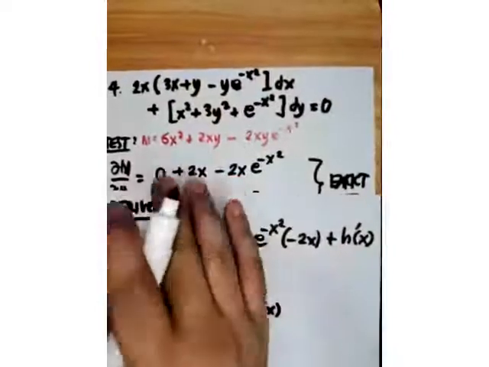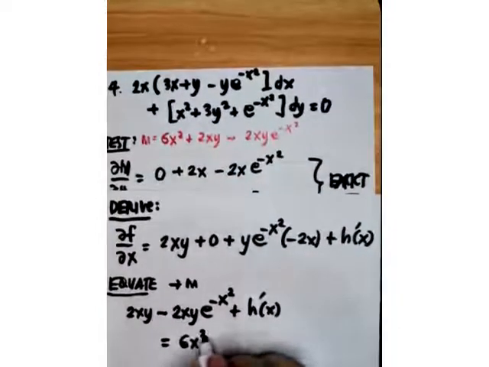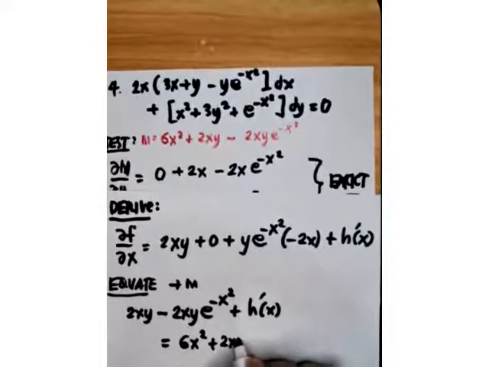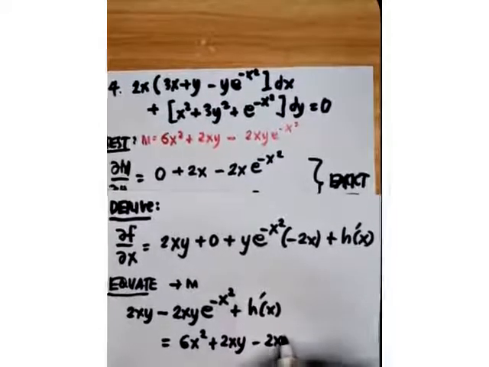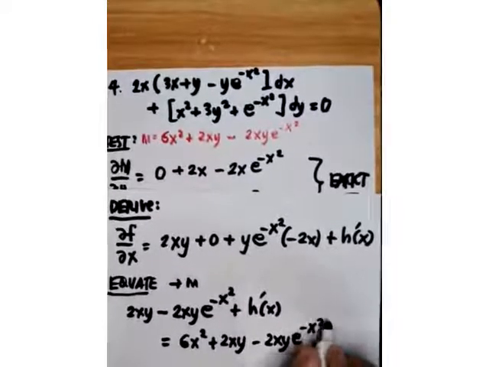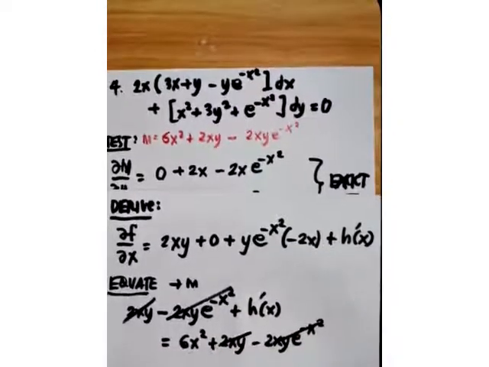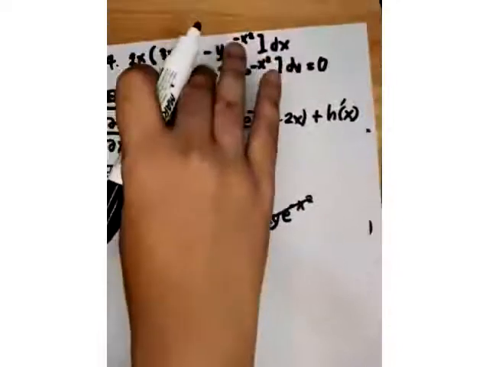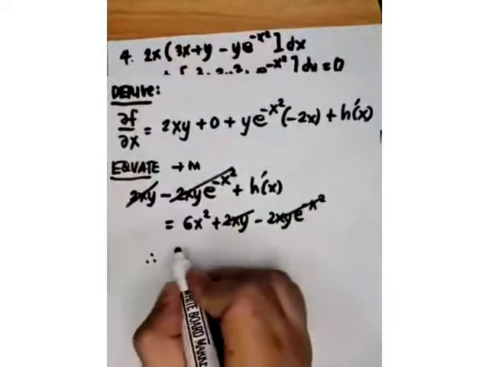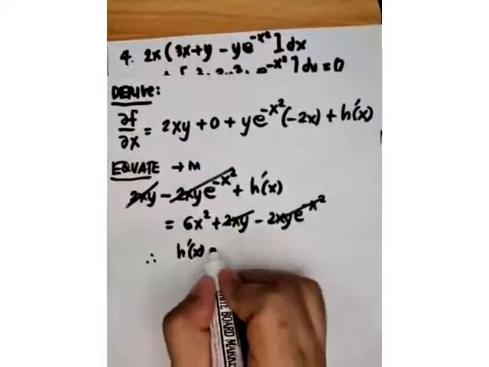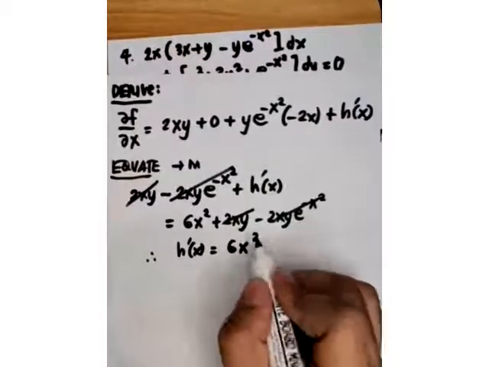So yung M natin is ito, 6x squared plus 2xy minus 2xy e raised to negative x squared. So this will be cancelled and this will be cancelled. So therefore, h of x prime is equal to 6x squared.